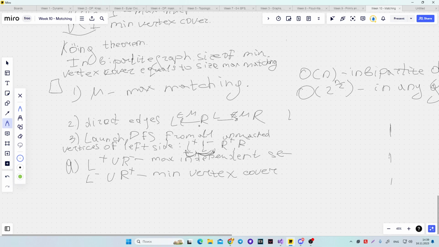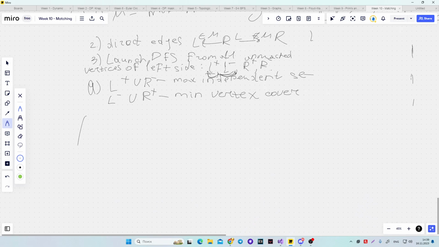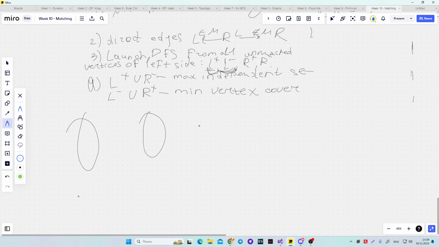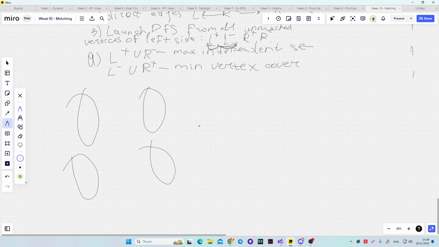Just four. So we consider four sets: L minus, L plus, R minus, R plus. These sets don't intersect, and they give us our bipartite graph.